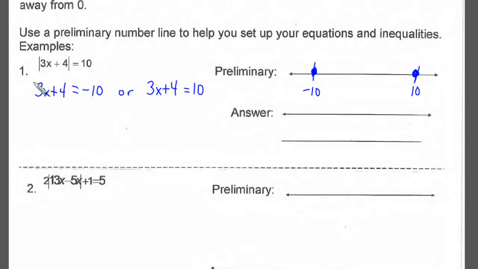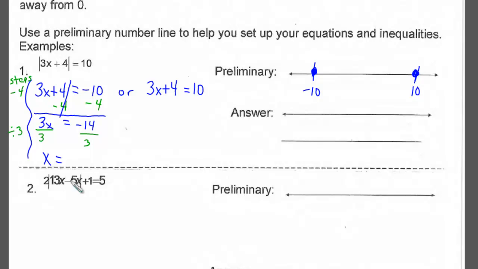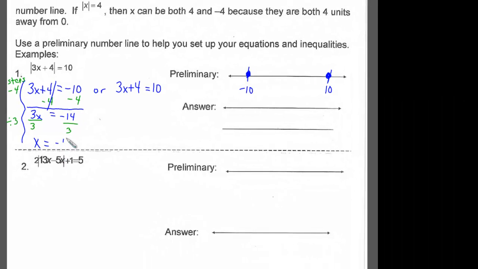Now we solve for x. In the first equation, we would subtract 4 first. This gives 3x is equal to negative 14. Now we divide by 3. X is equal to negative 14 over 3.